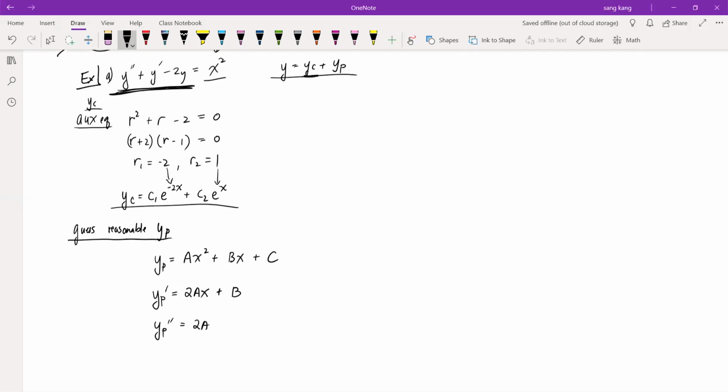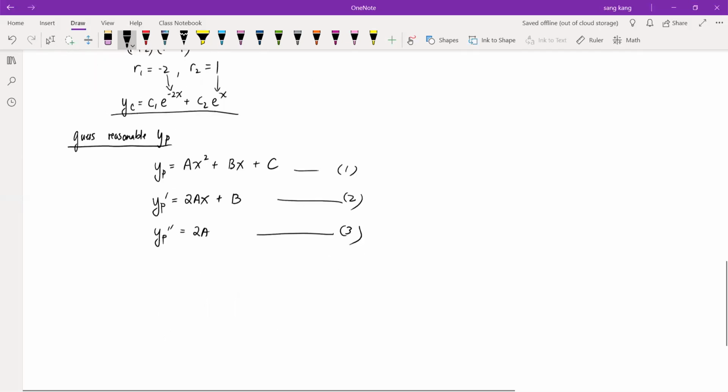Okay, so now we plug these into our differential equation.